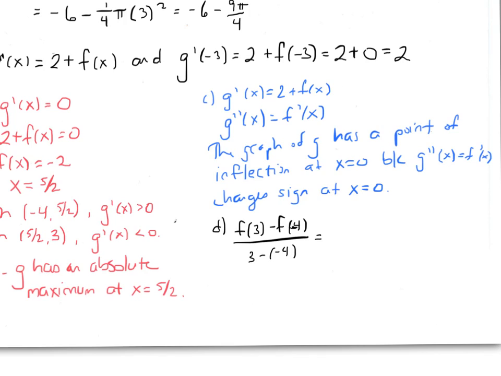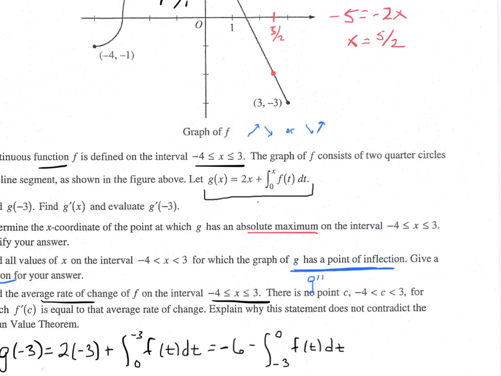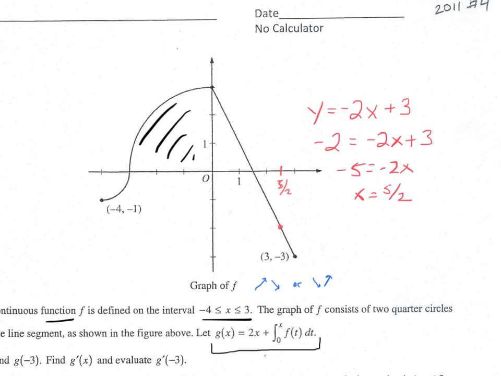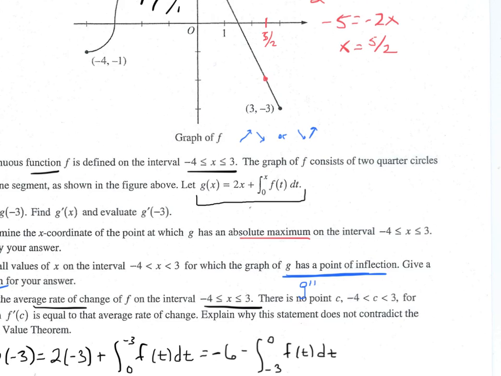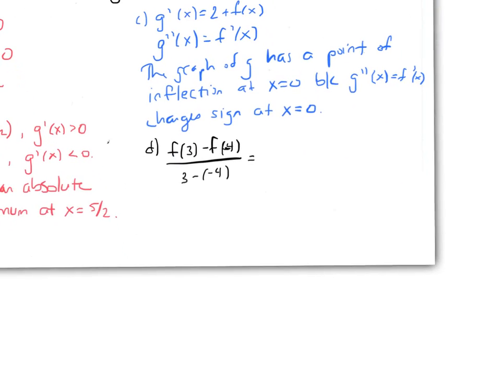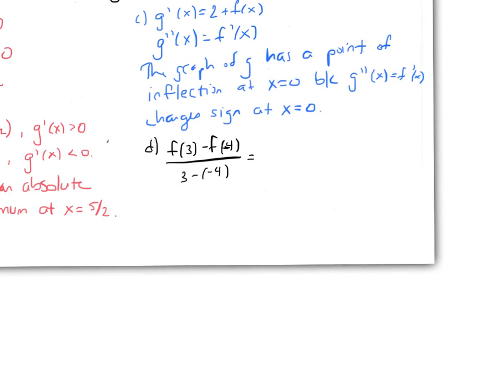So we need f of 3 and f of -4. F of 3 is -3, and f of -4 is -1. So we have -3 minus -1 over 7, which is 2/7. So the average rate of change of f is 2/7.